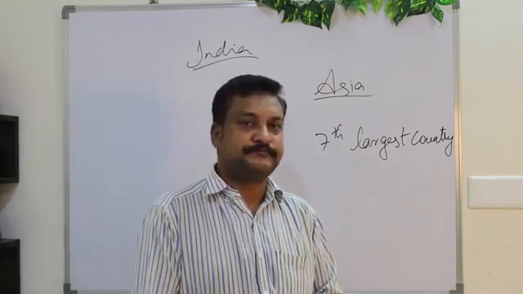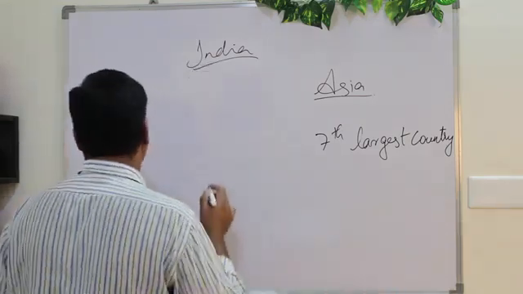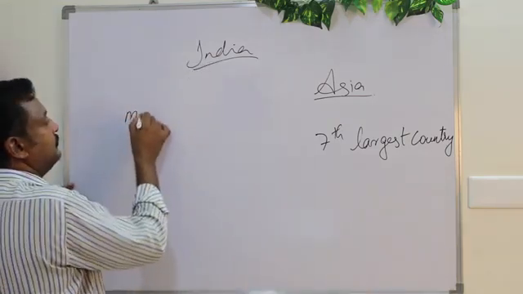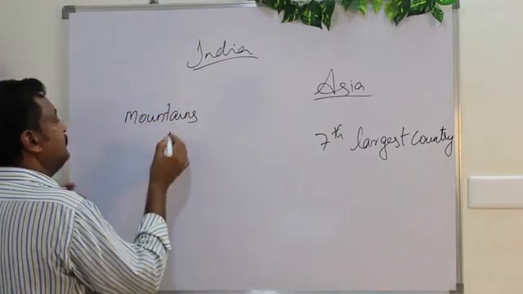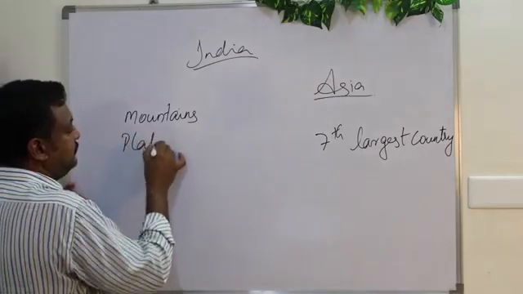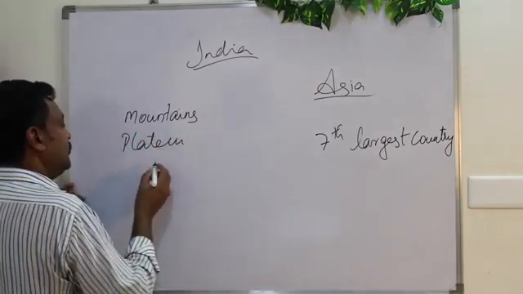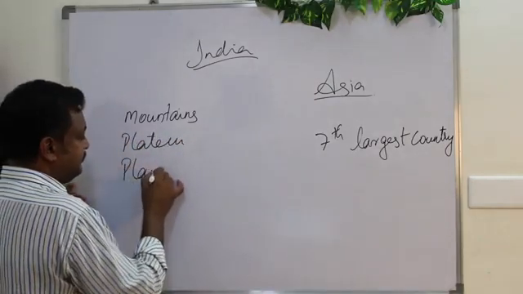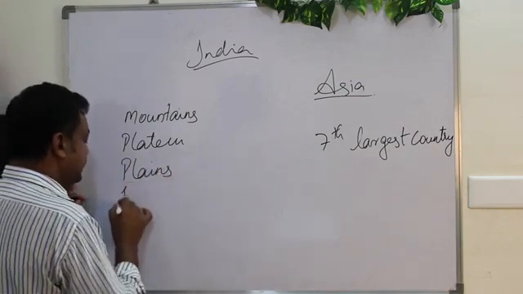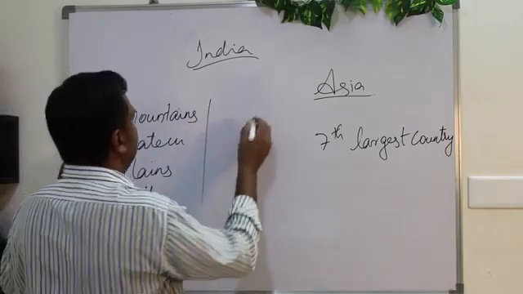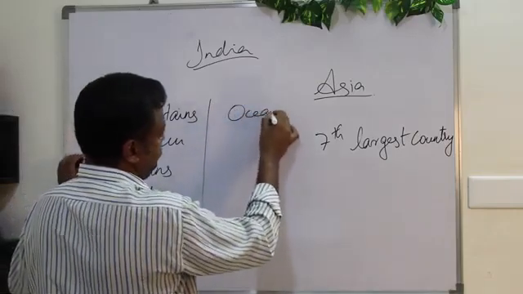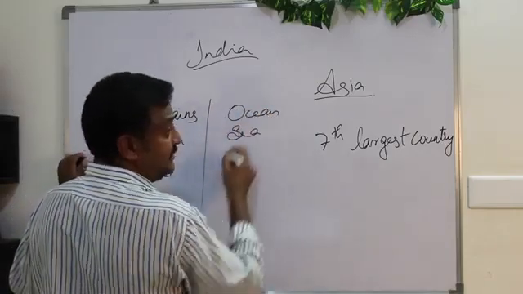We have mountains in India. We have a plateau. We have plains. We have hills. Then we have ocean. We have a sea, the Arabian Sea.